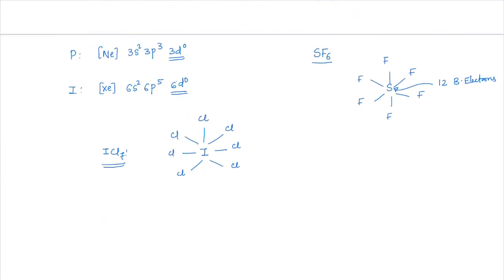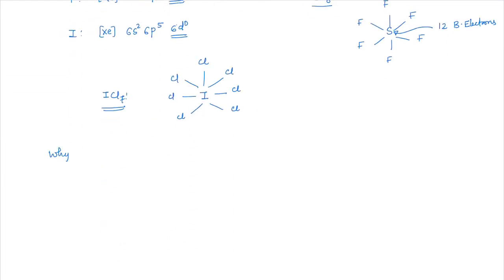This also explains why NCl5, OF6, FCl5 and FCl7 do not exist. Why they don't exist, I think now you know. Because the central atom here, which is nitrogen, oxygen, fluorine, does not have empty d orbitals.